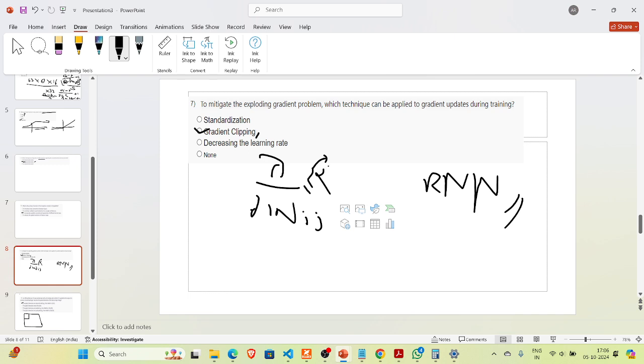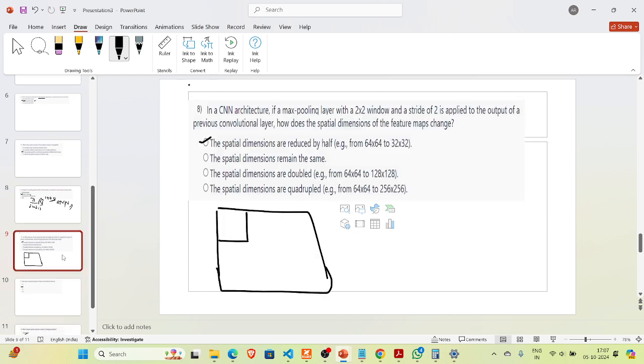You have to set a higher threshold. It is called gradient clipping. Suppose the clip value is 1000: the gradient may blow up toward infinity, but it will always be kept at 1000, so it does not blow up.